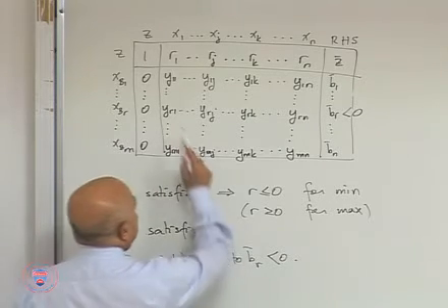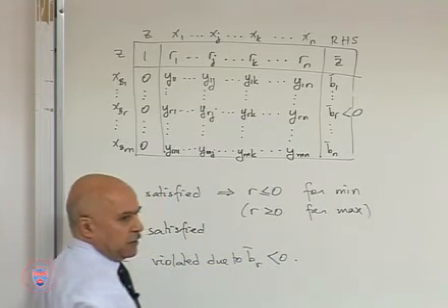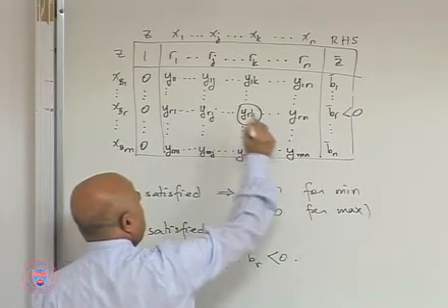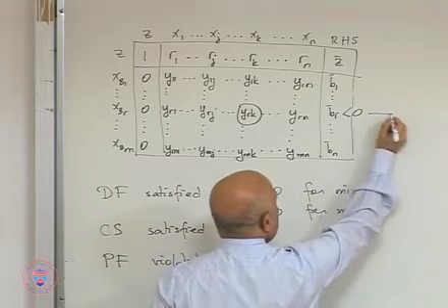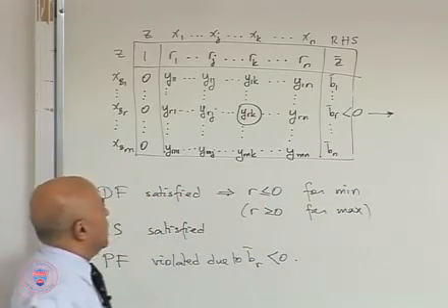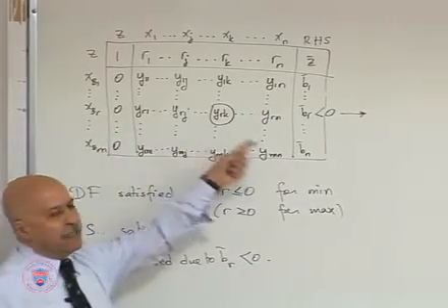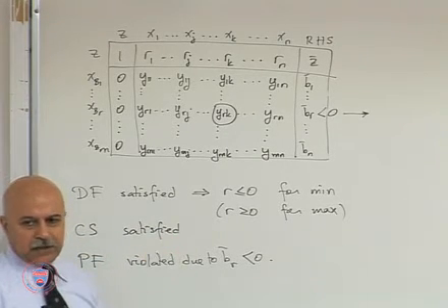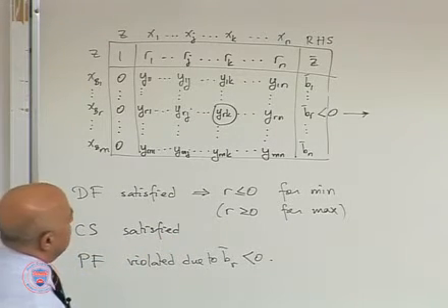To remove that, we're going to do pivoting. You're going to make that particular variable leave the basis, because it's negative now. You want to actually make it 0, so it becomes non-basic.